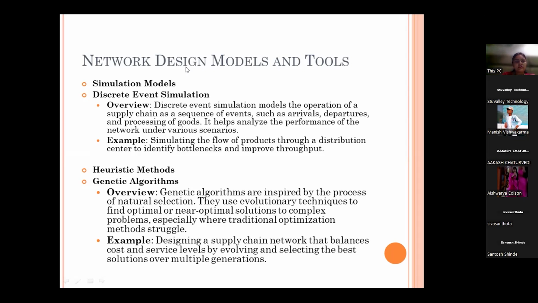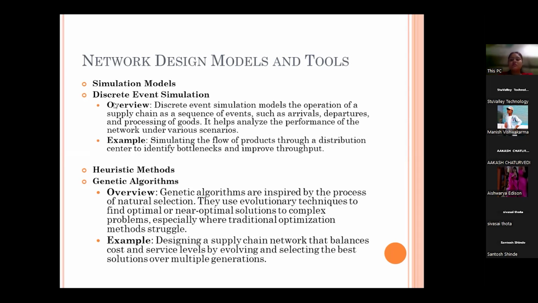Manish, Akash, anyone? Santosh. So discrete means different types of events. Okay, I mean the small events.